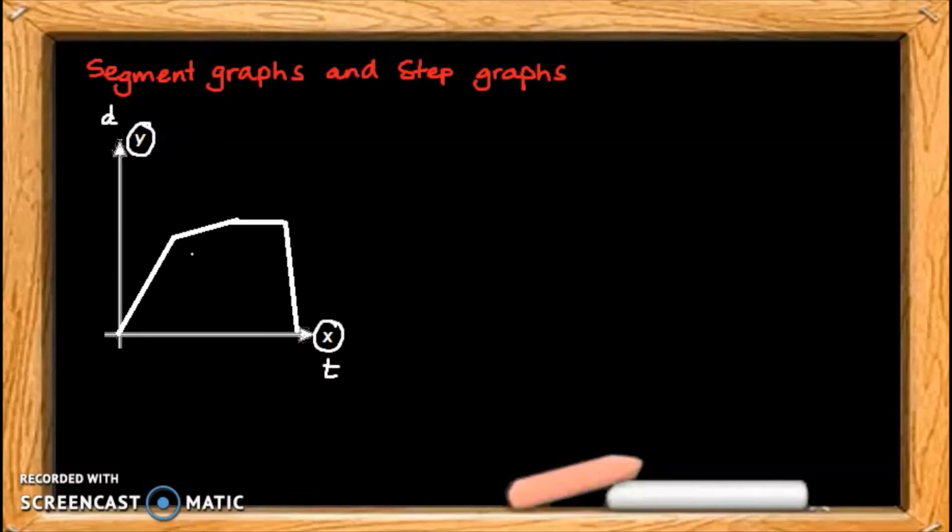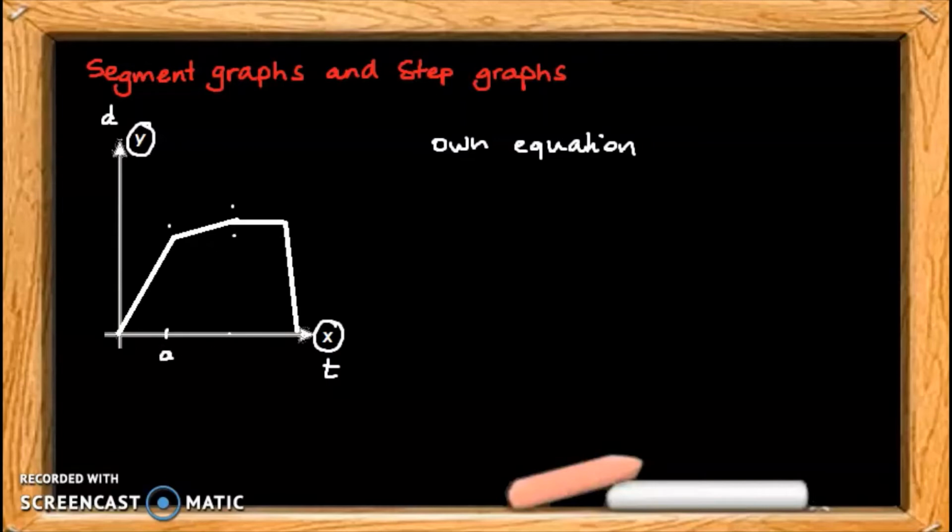If we had a graph like this, there are a few points we might want to make. First of all, each segment has its own equation. And you can find the equation by looking at the endpoints of each segment and then calculating what the straight line is between those points.